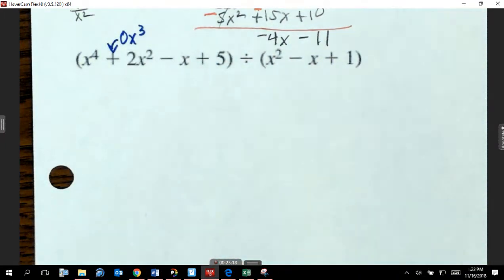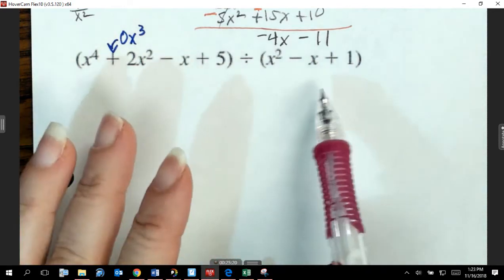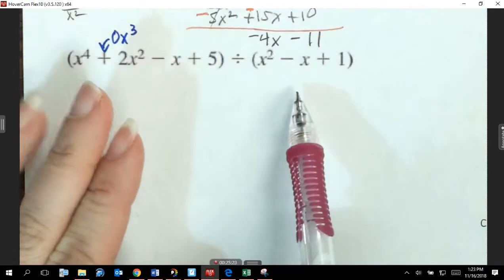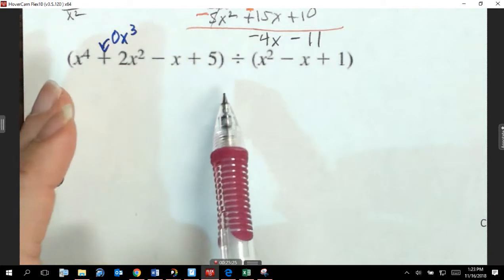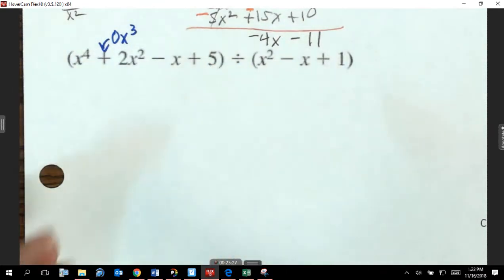Okay. So now we're going to set it up. Which one goes on the outside? The one farthest to the right. Yeah, that one goes on the outside.